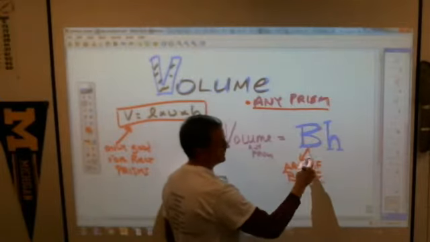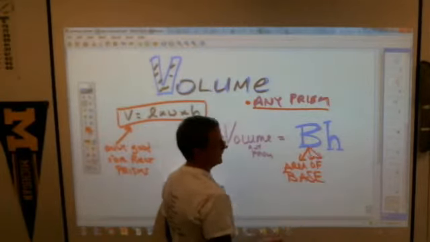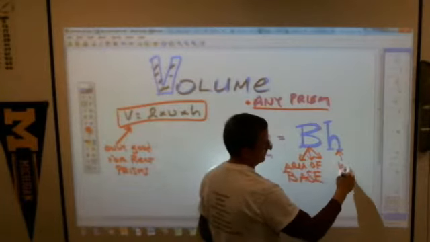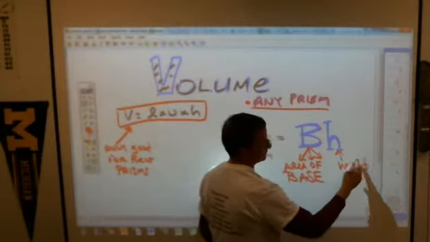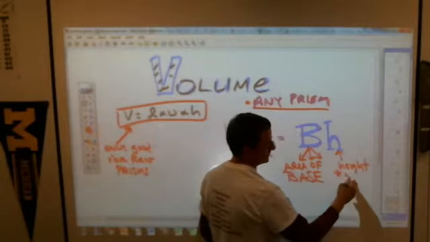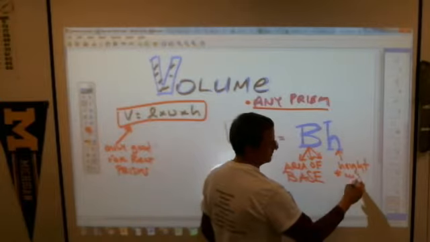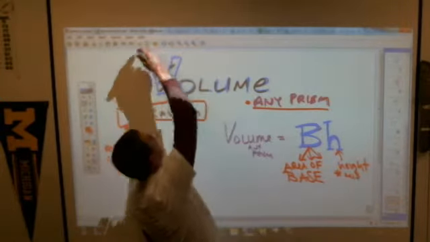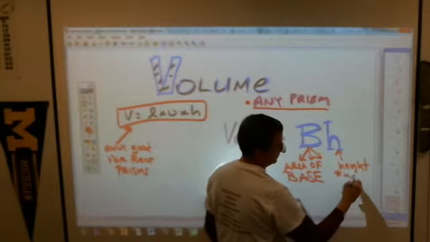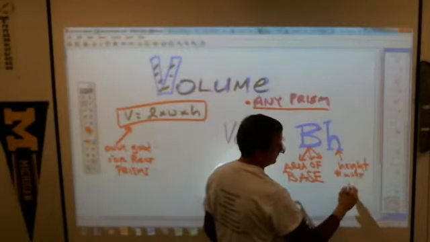And the H stands for the height of the shape, which, as a little side note, must be perpendicular to the base.